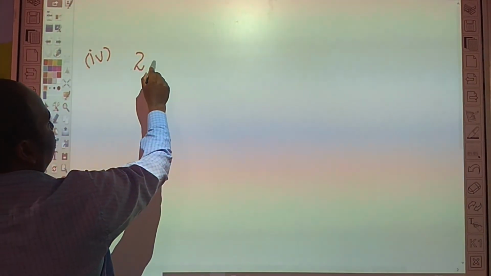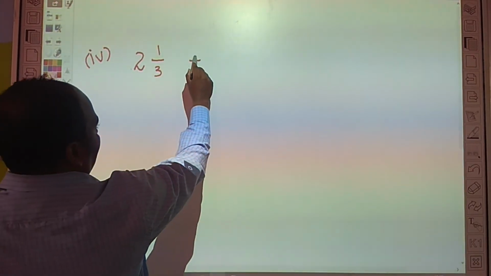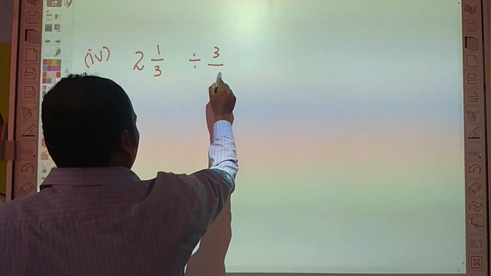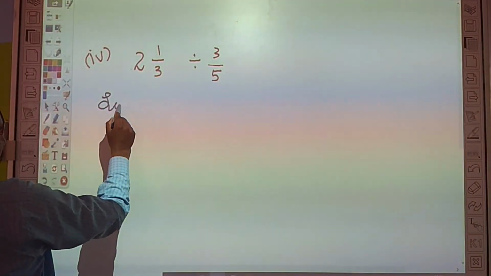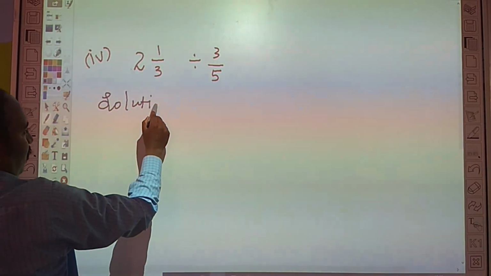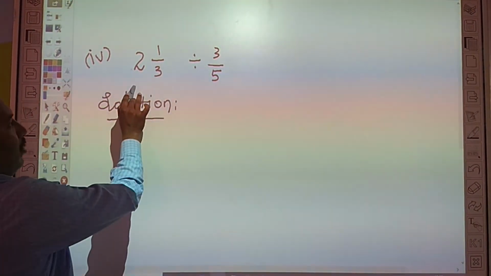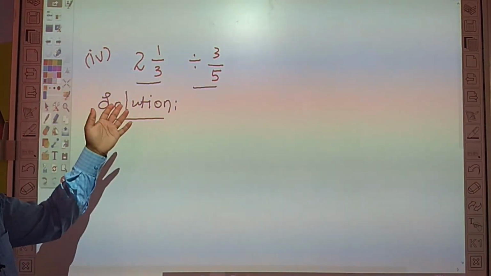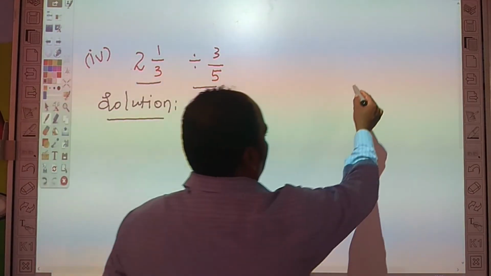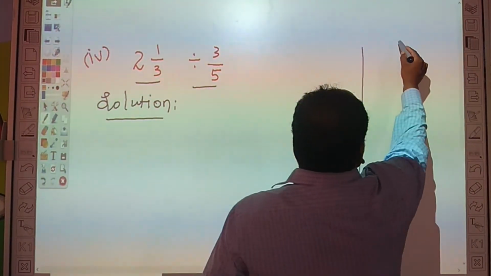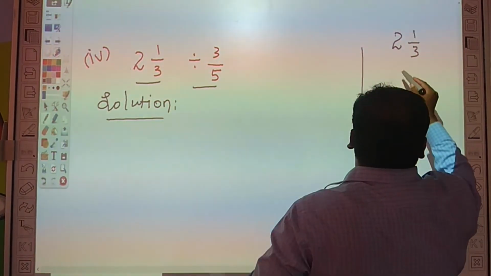The next, fourth one. 2 into 1 by 3, divided by 3 by 5. The first one is a mixed fraction, 2 into 1 by 3.